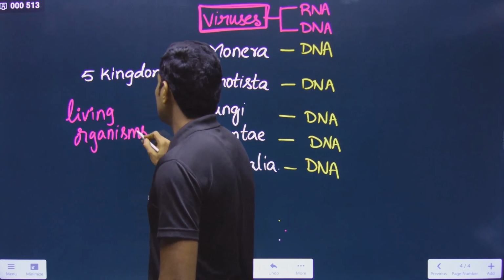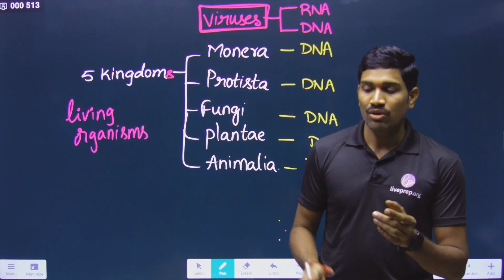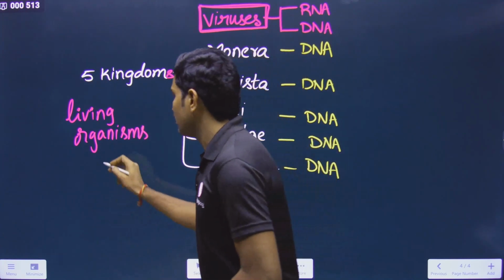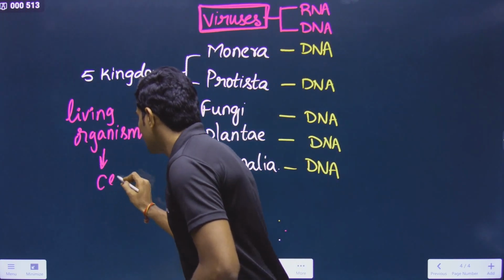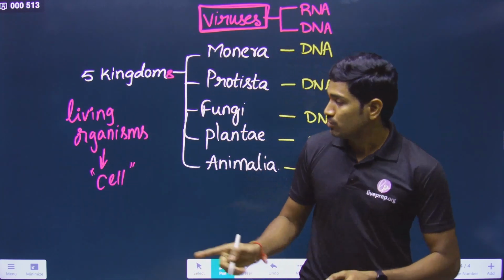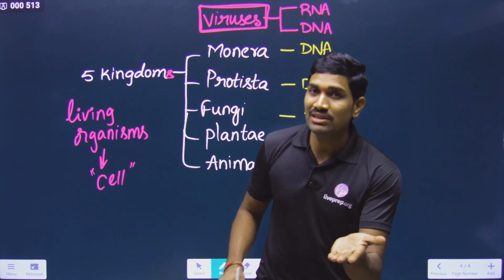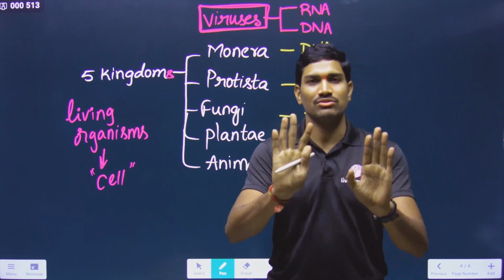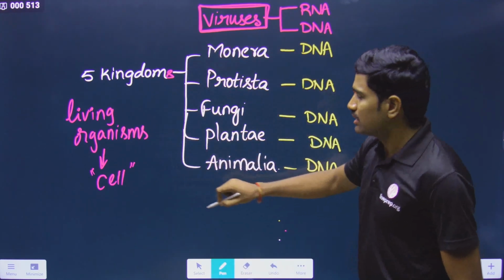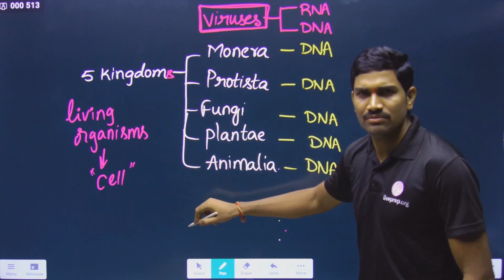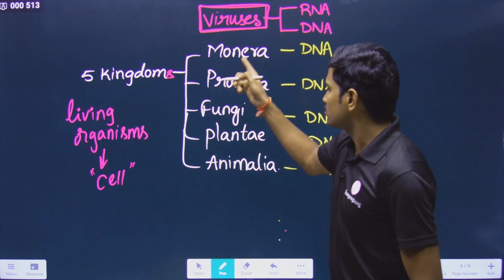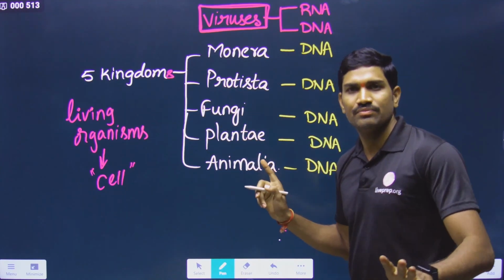Living organisms have the basic unit called cell, whereas non-living things do not have a cell. So if you take these 5 kingdoms, any organism will definitely have at least one cell.